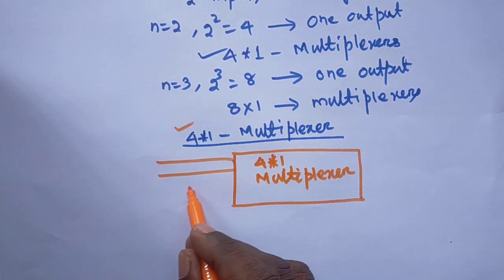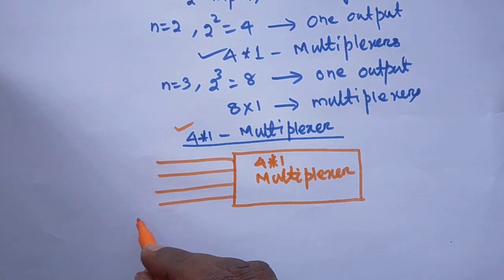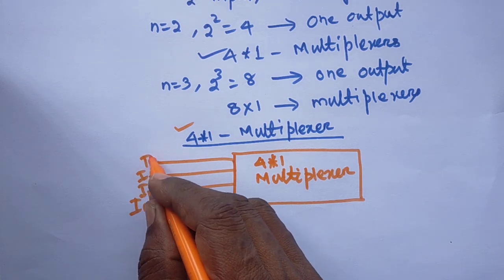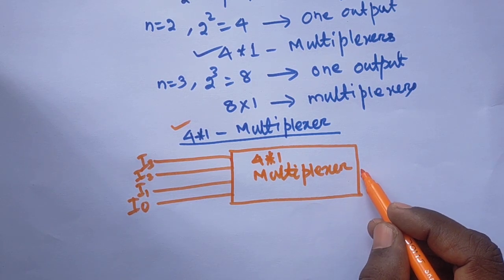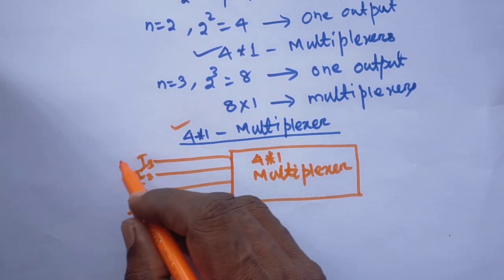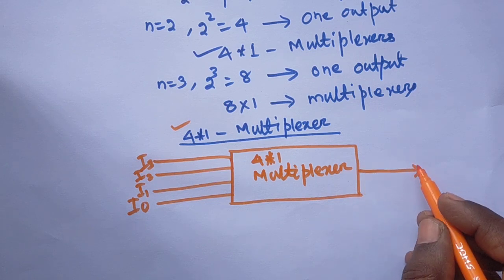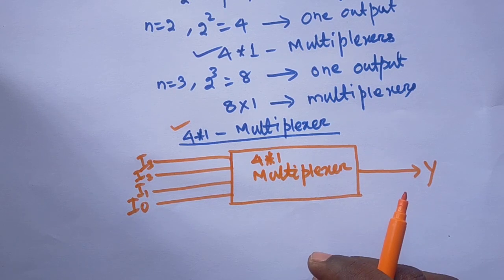So 4 inputs will be given to this multiplexer. The inputs are defined as I0, here is I1, I2, I3. Okay, whenever there are 4 inputs considered for this multiplexer, it will release only one output.